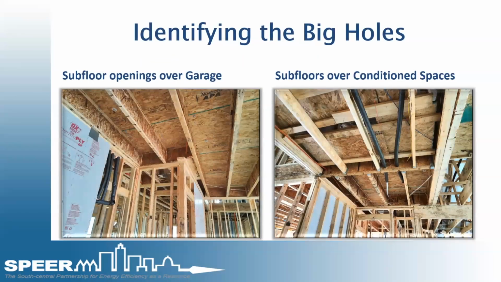But identifying the big holes in the envelope, we looked at the air barrier on the outside. We looked at the separation between conditioned and unconditioned space, or the conditioned and outside area. But then over interior spaces, like over a conditioned space, the one on the left-hand side is subfloor openings over the garage. This one's handled correctly, but a lot of times they're not. They're forgotten.